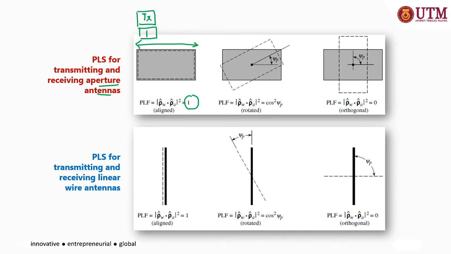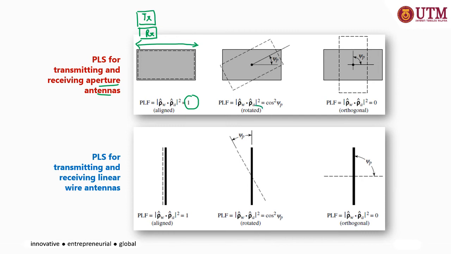When there is a rotation between the receiving antenna and the incident wave, the PLF is equal to rho W dot rho A, squared.